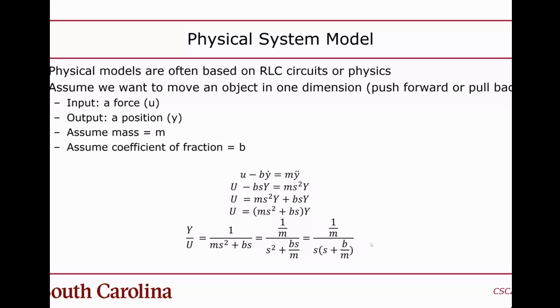We started with a partial differential equation and then converted it to the S domain through a Fourier transform, and then we converted it to a transfer function by just rearranging the terms. We ended up with a transfer function that was 1 over m divided by s times (s plus b over m). This transfer function is unstable because there's a pole at 0.